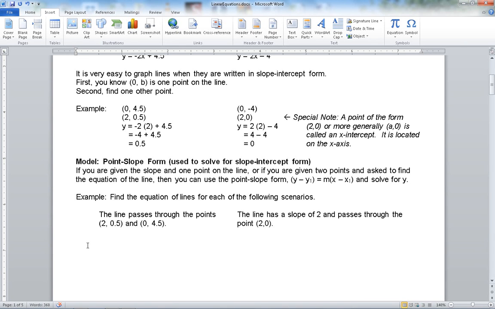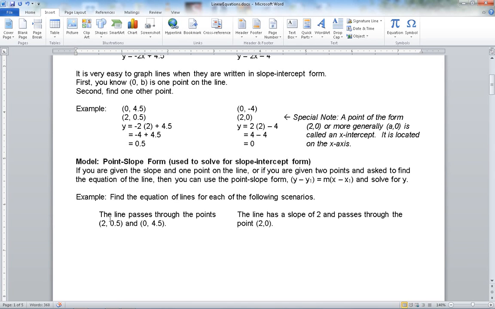Or if you're given two different points and asked to find the equation of the line, you can use this model. So you need a slope, which you can get either by it being given or by given 2 points, finding the slope between the 2 points. And then you use one of those points in this model. And it doesn't matter which one you choose.